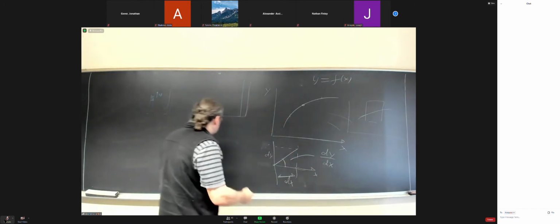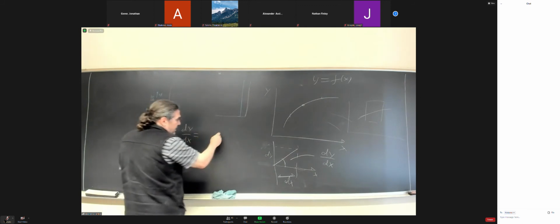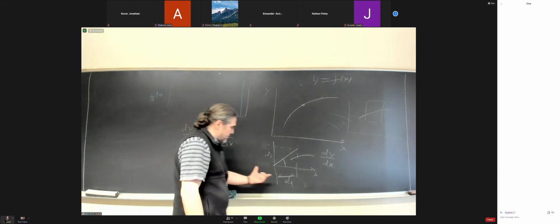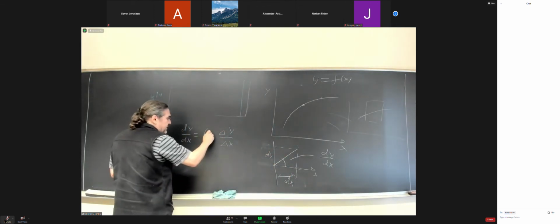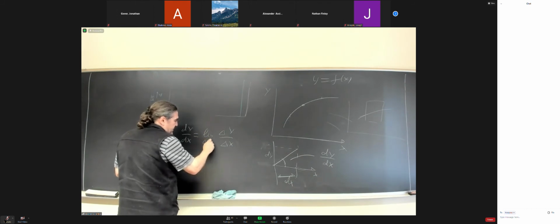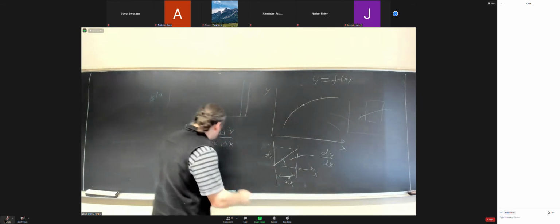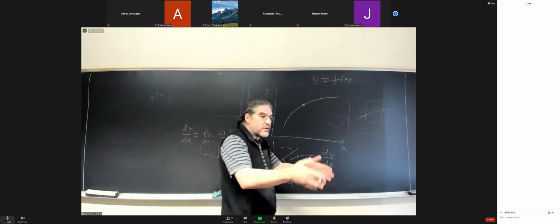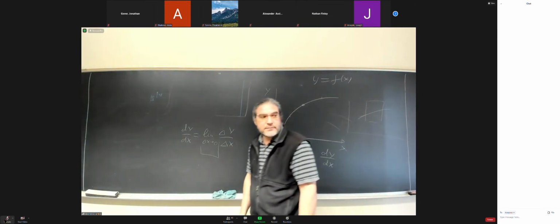We say that dy over dx equals delta y over delta x when those distances are finite. But we need to take the limit as delta x goes to 0. And that's exactly our procedure of zooming in. So we get smaller and smaller and smaller. Okay?